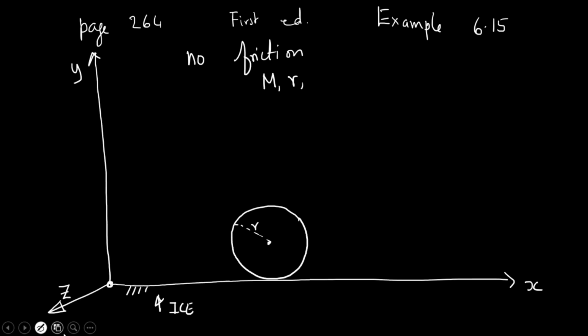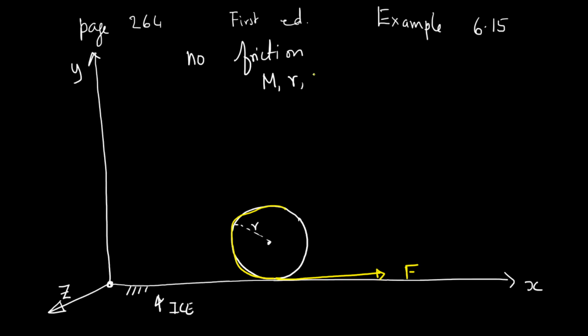You should imagine that there is a tape wound around the disk, and this enables you to apply a force in this direction equal to F. And that's it.